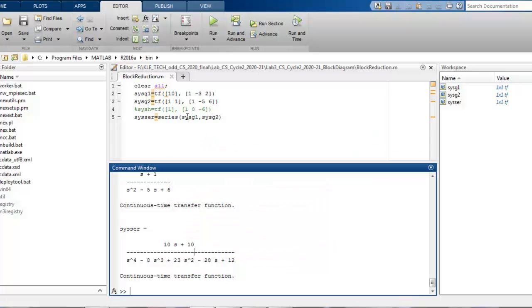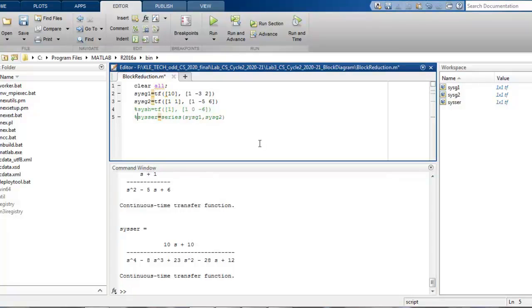For that, I'm going to comment this series first, and I'll use the same and modify. Instead of series, I call it parallel, sys_par. So I'll write it using the built-in function parallel.